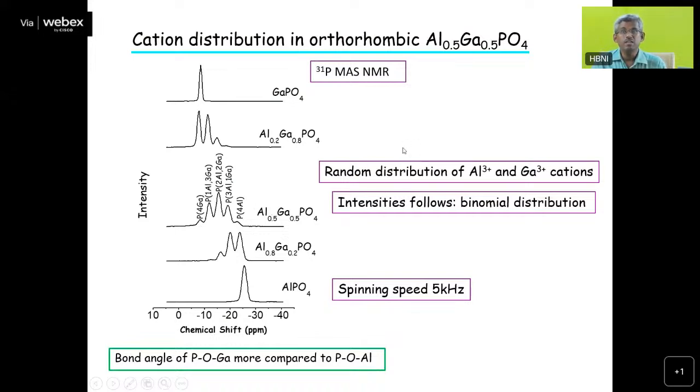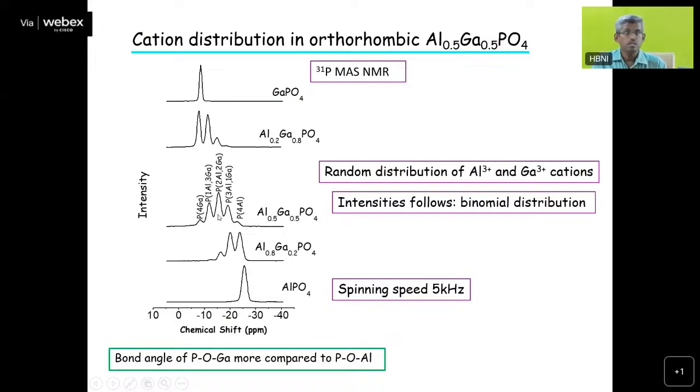What we are having here is aluminium gallium phosphate. Let us consider the compound aluminium 0.5, gallium 0.5, PO4. So 50% aluminium is there and 50% gallium is there. If you have such a compound, you are having a phosphorus structural unit with 4 aluminium as next near neighbors, and also a phosphorus structural unit with 4 gallium.